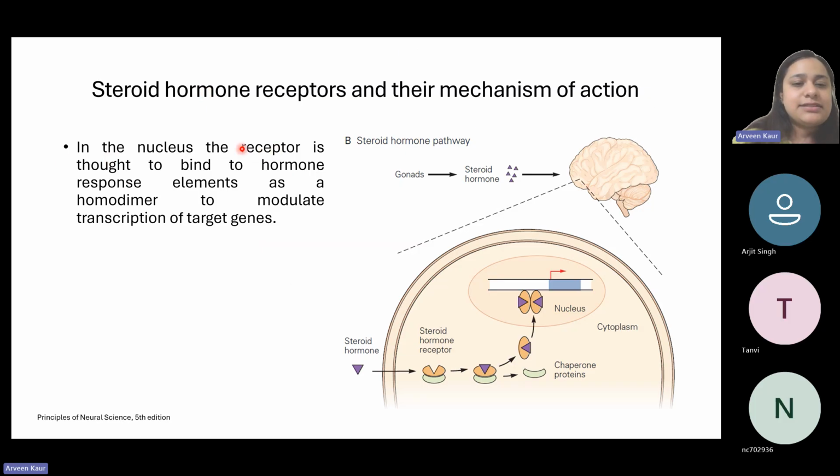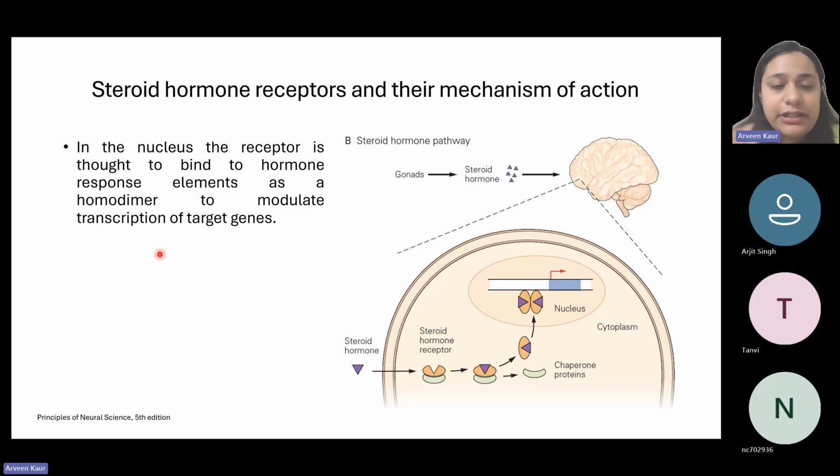In the nucleus, the receptor is thought to bind to a hormone response element as a homodimer to modulate transcription of the target gene. Generally, this one receptor ligand complex will not bind to this particular DNA alone.